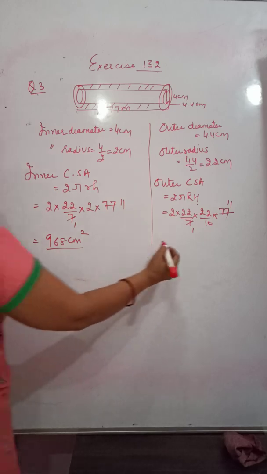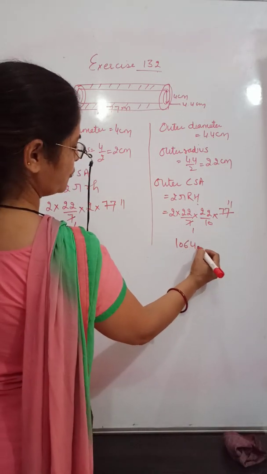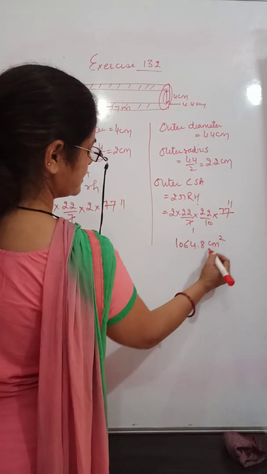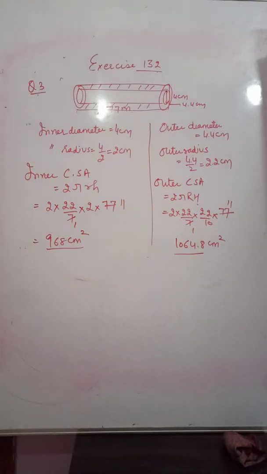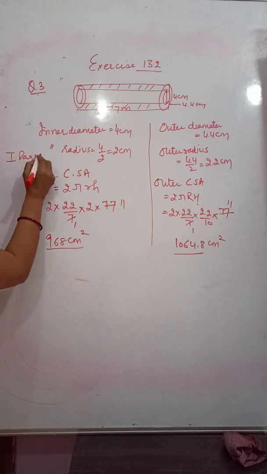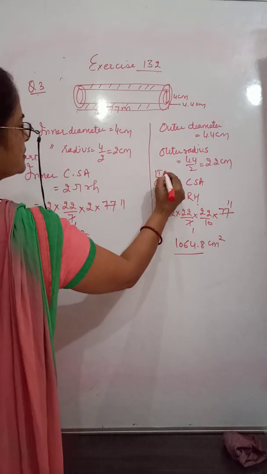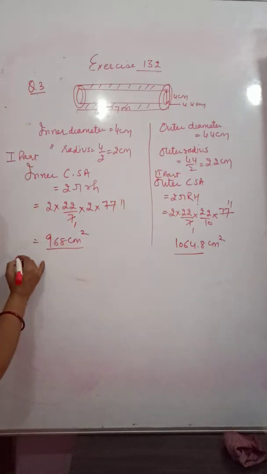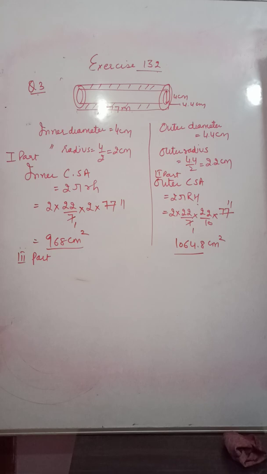We will be getting 1064.8 centimeter square. Clear? This is the first part, this is the second part. And let's come to the third part. In the third part, beta, I tell you one thing. Suppose we have a pipe.